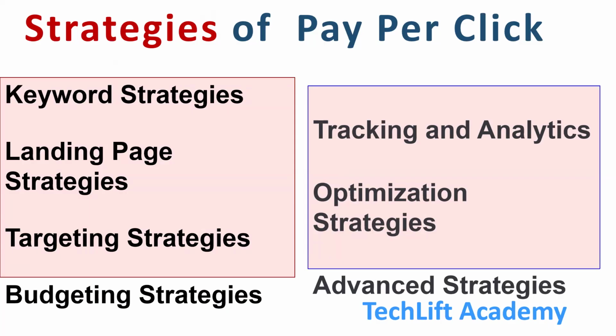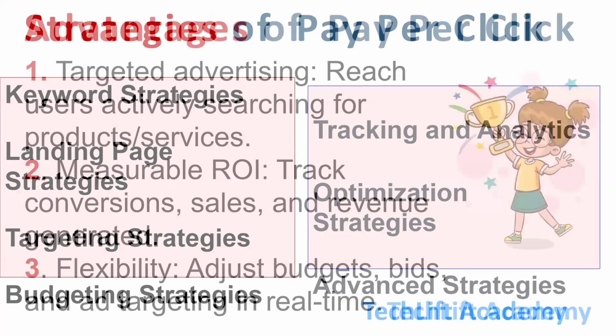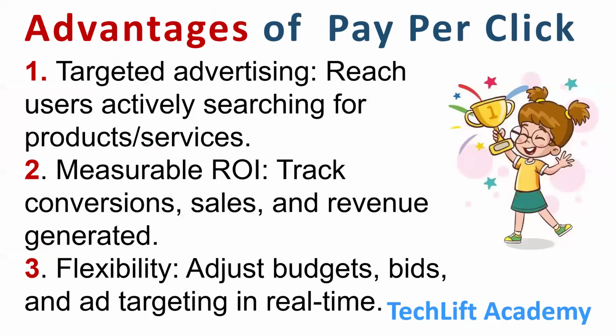Targeting strategies, and then also the budget. How much are you going to pay? Tracking and analytics. You need to measure how your advert is performing. And then optimization strategies.